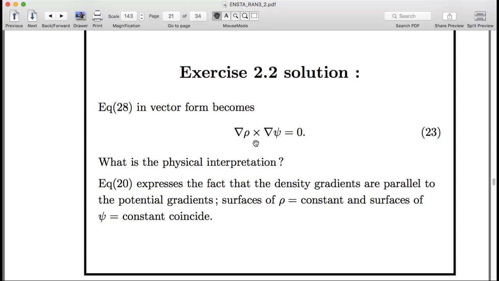And so if the ocean were not moving, then the water in the ocean would have to align itself so that the density surfaces were parallel to the geoid.